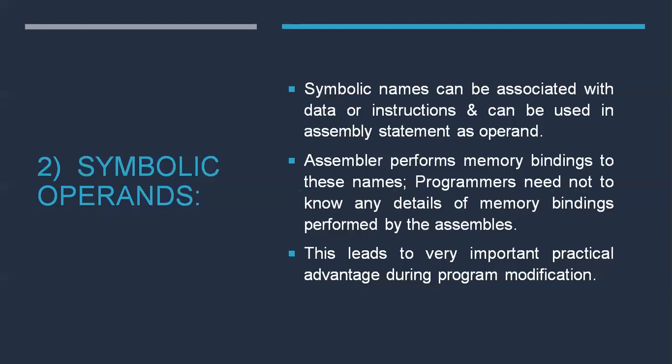This leads to a very important practical advantage during program modification. So in between, suppose I want to change some formula or I want to do some modifications in the code. It is very easy for me to remember the symbolic names compared to the addresses of operands. Suppose there was no feature like symbolic operands.